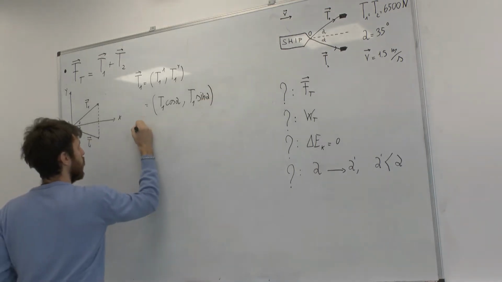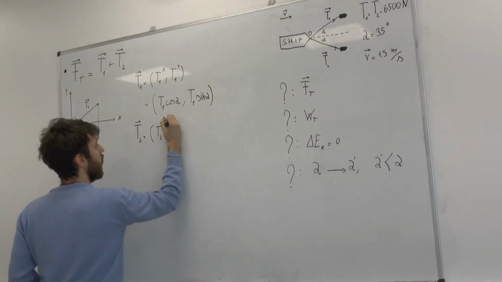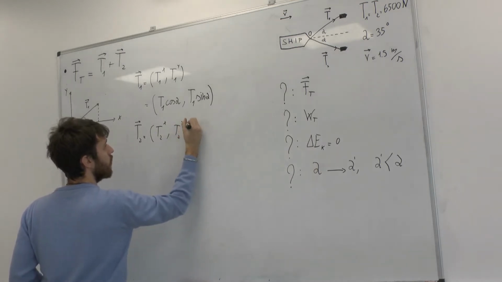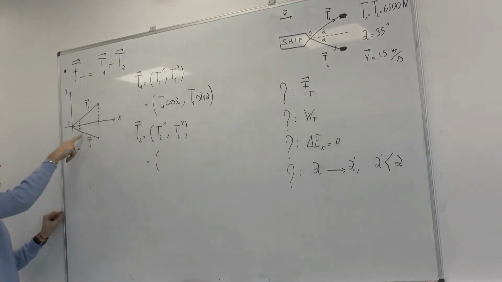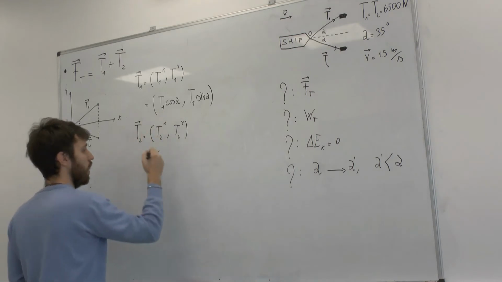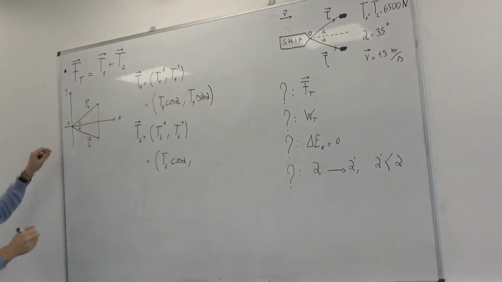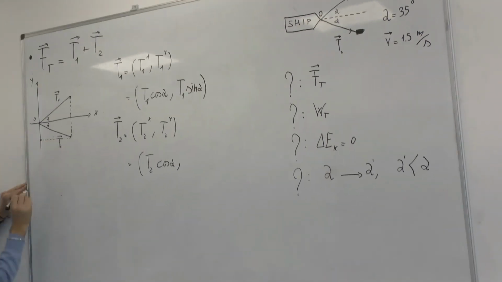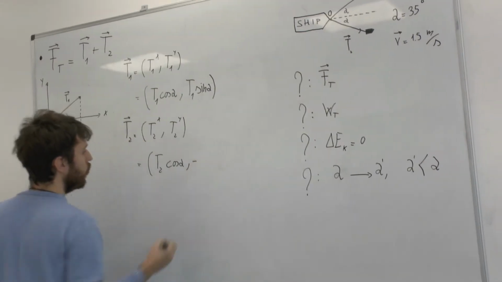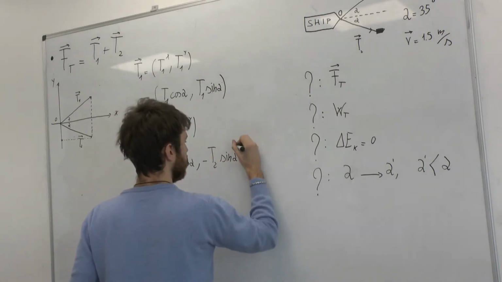About T2, we also have an x component and a y component. The x component is T2 times the cosine of alpha, and this time the y component is minus T2 sine alpha.